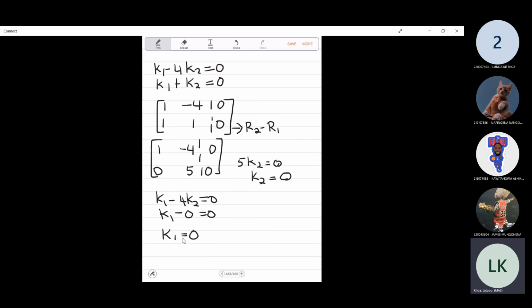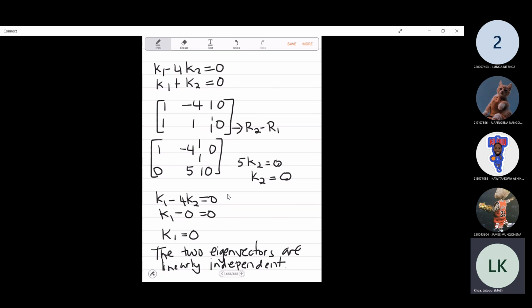So when you show that those constants k1, k2 are equal to 0, then you have shown that the two eigenvectors are linearly independent. Okay, so that's what we want to show when we are saying that the two eigenvectors are linearly independent.